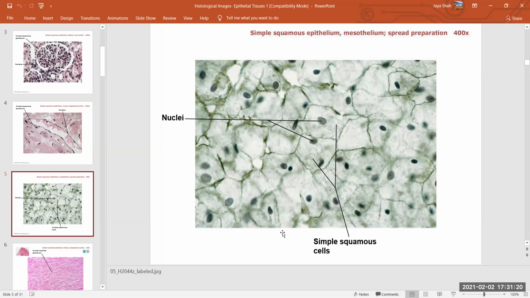You can see these are simple squamous cells, several of them, one, two. In the center of the squamous cells, you have dark nuclei. And you see very minimal extracellular matrix. You will see similar slides in the lungs too.